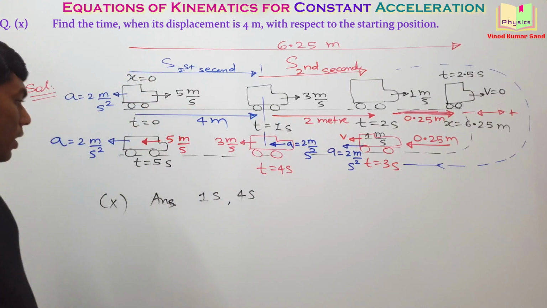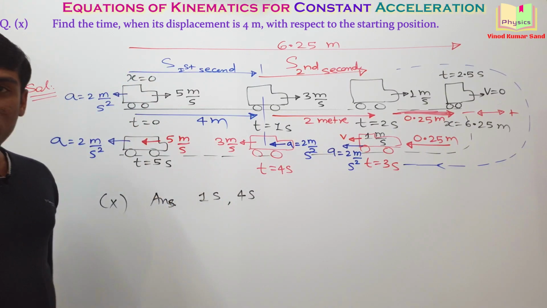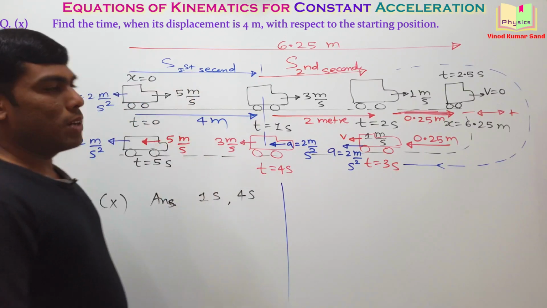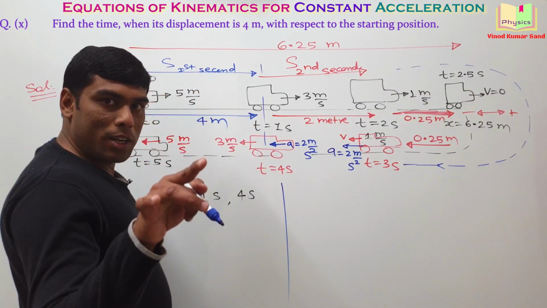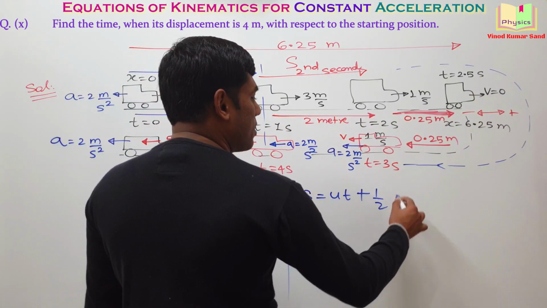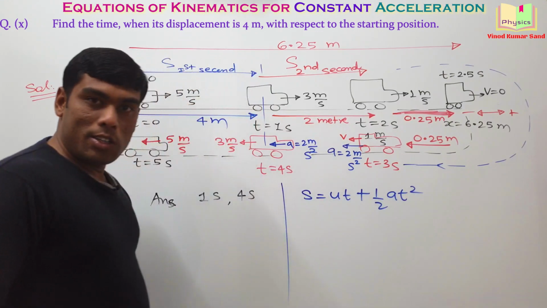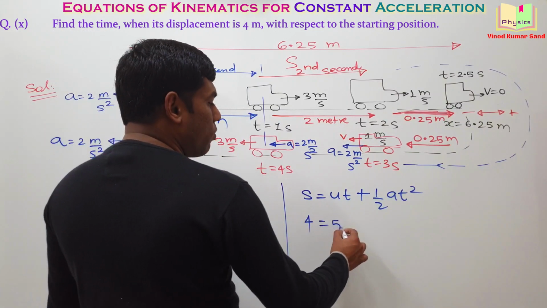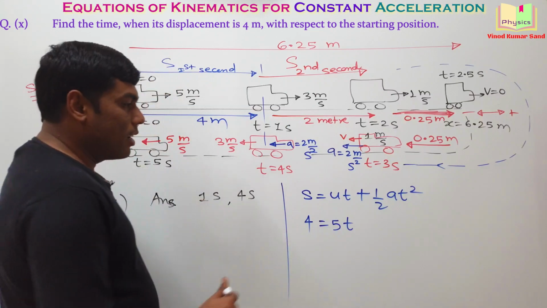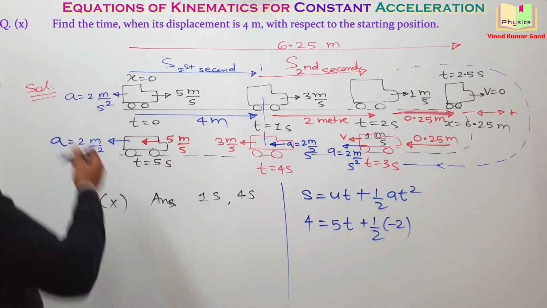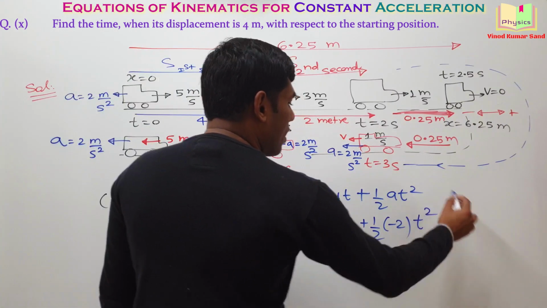Do you agree? Although if you are not satisfied with the diagram, we can go with the maths, we can go with the equation. The displacement is positive 4 and we need the moment of time. So I am using the second equation, S is equal to ut plus half at square. S is positive 4, u is 5 into t, t is let's say unknown, plus half, acceleration is -2 backward direction, and t is unknown.